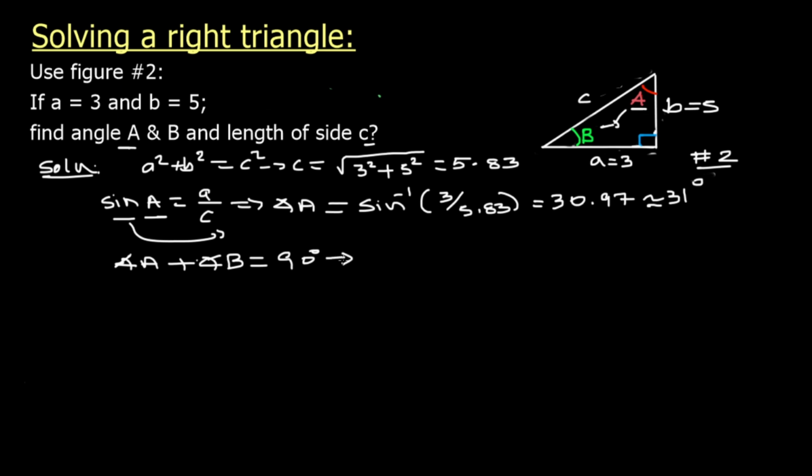So this leads to angle B equals 90 degrees minus angle A, which is what we calculated. Let's just use the 31. We are getting 59 degrees. And now we know the two angles.